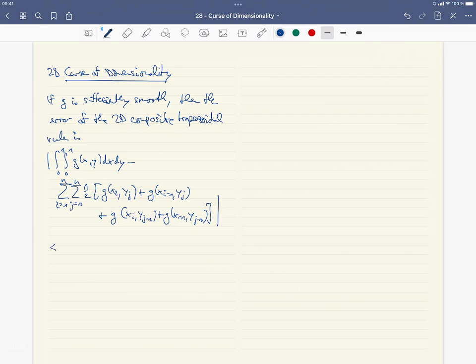And then we saw last time that this is bounded by h squared over 12, and something that depends on the function.